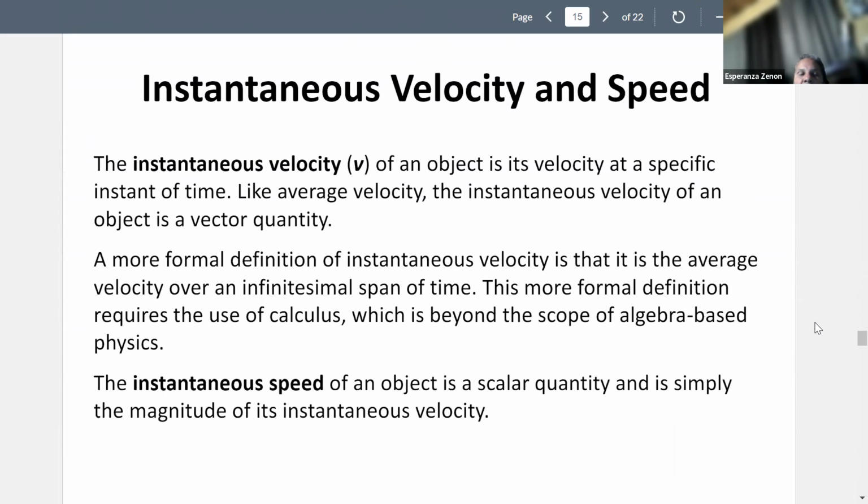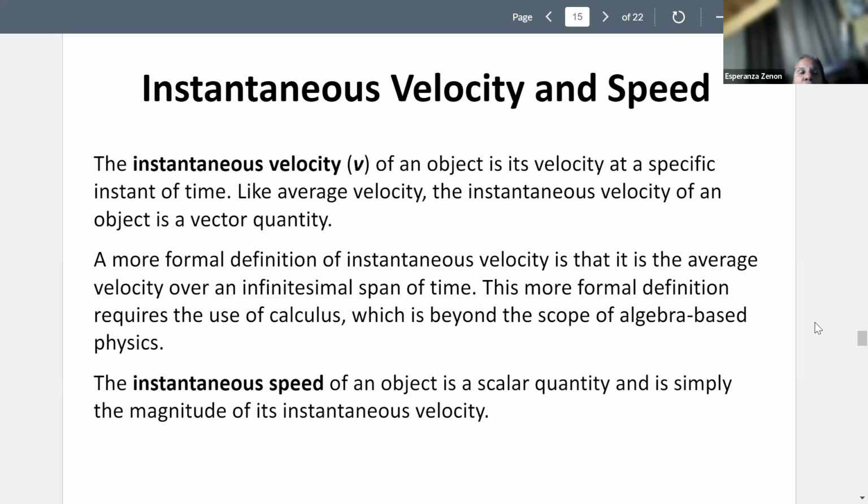Instantaneous velocity and speed. Here's some more definitions or concepts that you need to let sink in, if you will, the difference between average and instantaneous. So instantaneous velocity looks at the velocity of an object at a particular instant in time, like freeze frame. You know, they used to do that thing back in the day, the mannequin challenge or whatever it was.